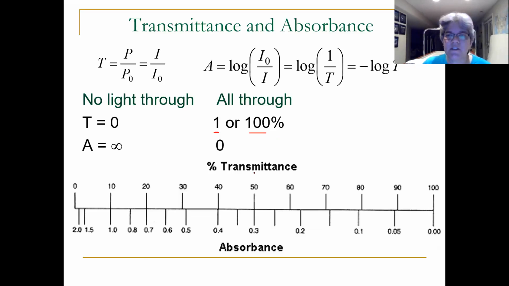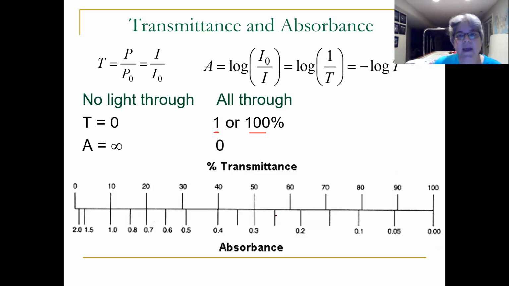Just like we said with energy and wavelength, when energy goes up, wavelength goes down, and when wavelength goes up, energy goes down. Notice A and T are the same. When the absorbance gets very big, transmittance is very small, and when transmittance is very small, absorbance is very big. So you can see how the two are related here.